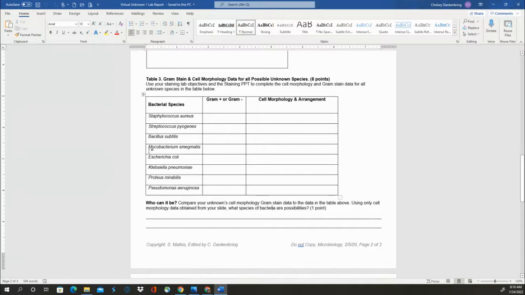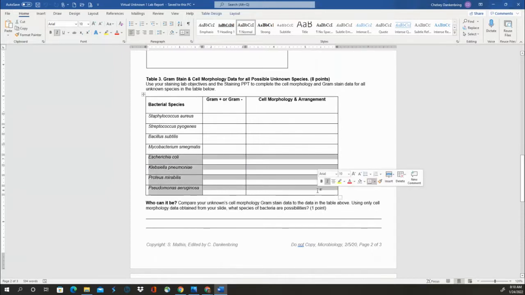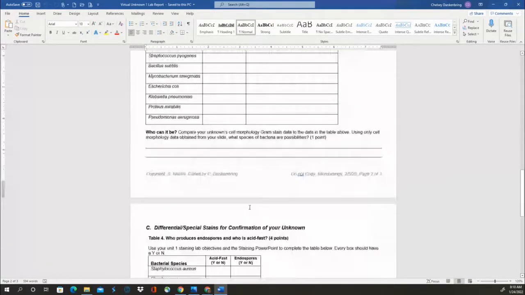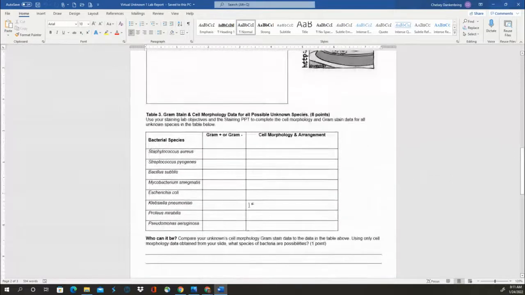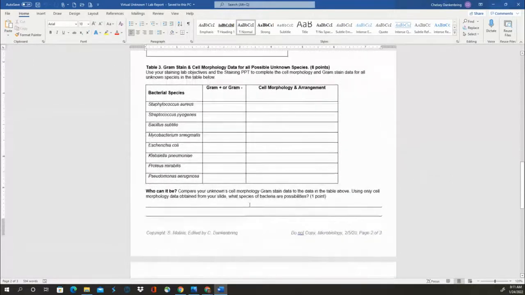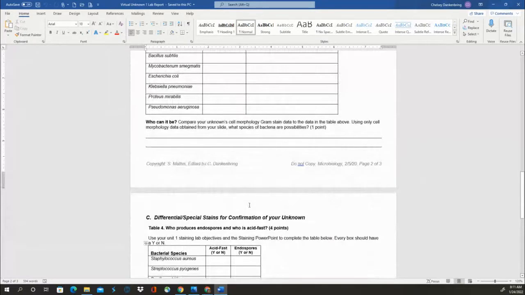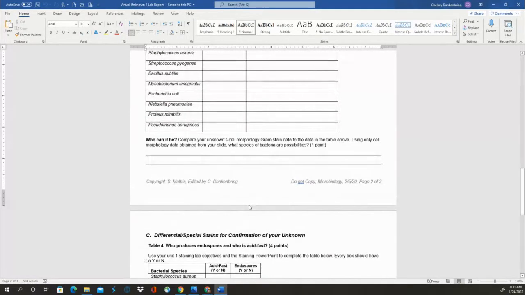Well, so are these organisms. So I must have one of them. And it's just a process of elimination, okay? But you're also going to want to do that by comparing it to your colony morphology data as well, right? If your colony is clearly convex and Bacillus subtilis is not, then you can rule out Bacillus subtilis as your unknown organism, okay?